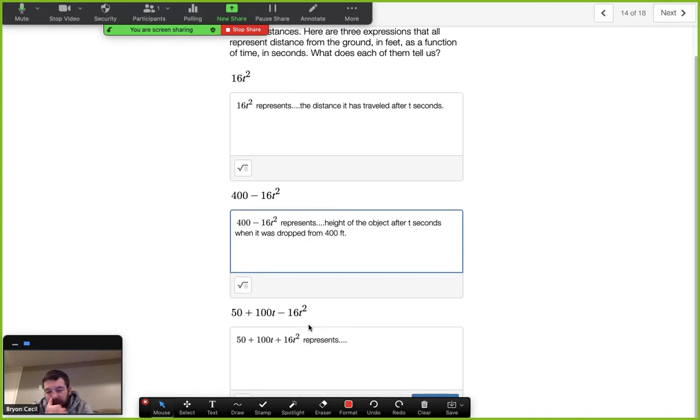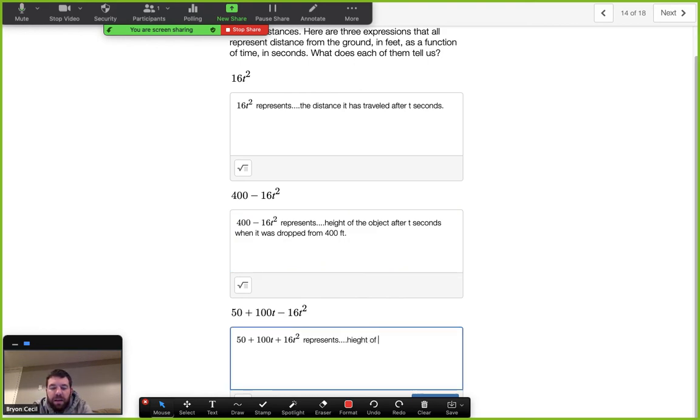And then we see here, this was the height of a cannonball. It was the height of the cannonball after it was shot into the air from 50 feet with a vertical velocity of 100, because we see here, guys, the B factor is 100.